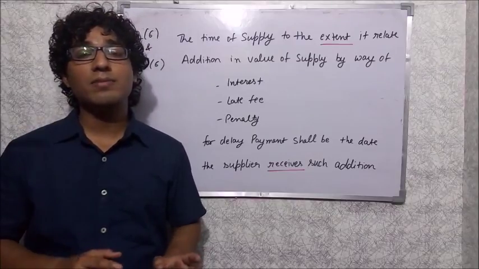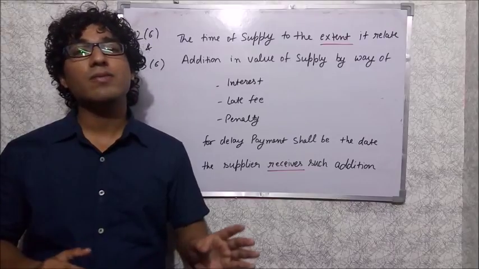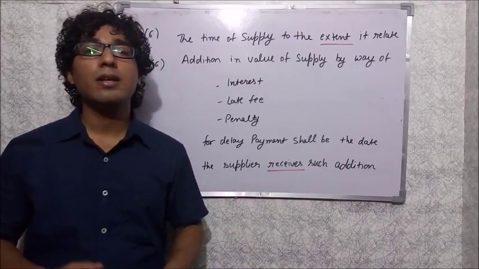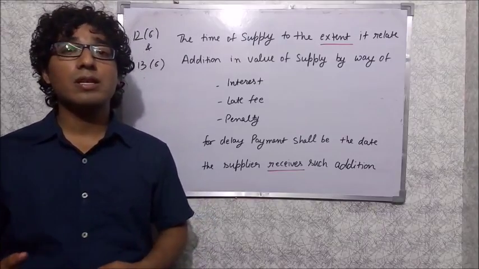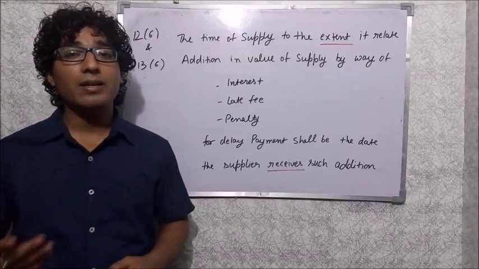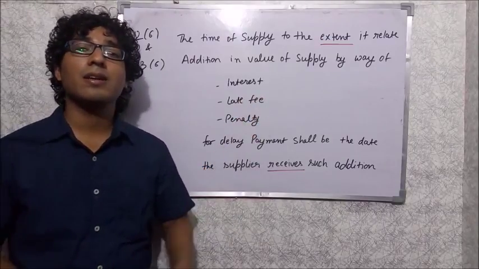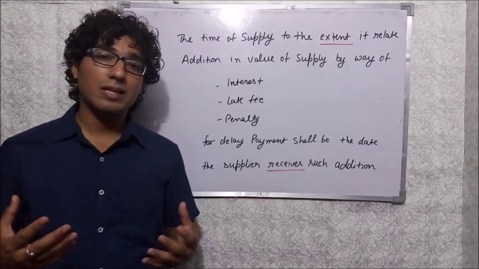Section 12 subsection 6 and section 13 subsection 6, which are with regard to the supply of goods and the supply of services respectively, deal with such a situation where the supplier of goods or services charges, in addition to the value of supply, interest, late fee, penalty or any other consideration for delayed payment of the consideration.